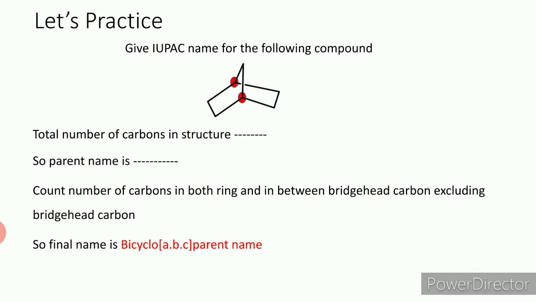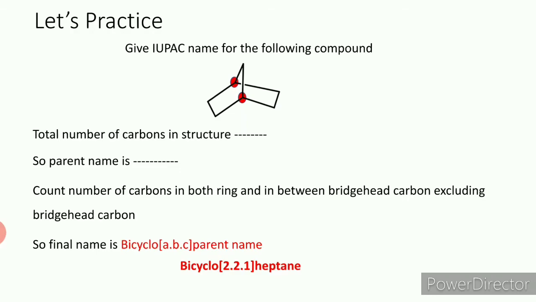There are 2 carbons to the left of the bridgehead carbons, 2 carbons to the right, and 1 carbon in between the bridgehead carbons. So the name of this compound is bicyclo 2.2.1 heptane. With these 2 examples, I am sure you will be able to name simple fused and bridge compounds.